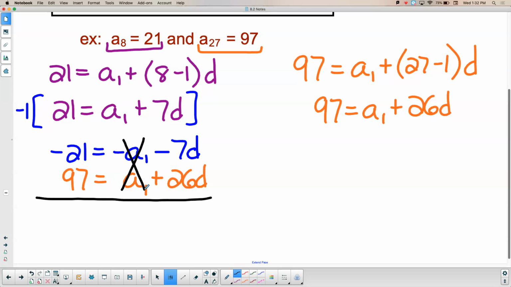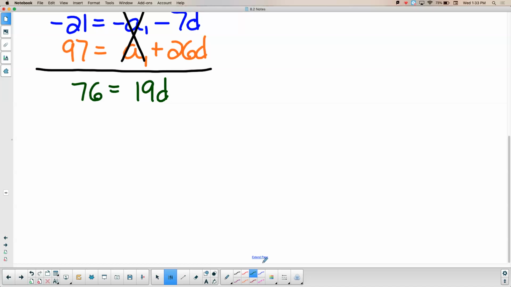Negative 21 plus 97. Negative 7 plus 26. 19. 76 divided by 19. 4.